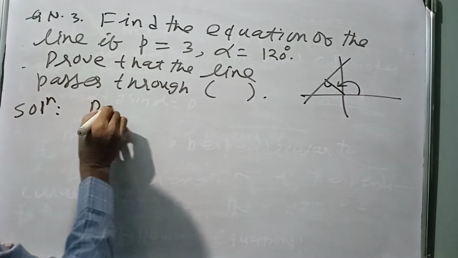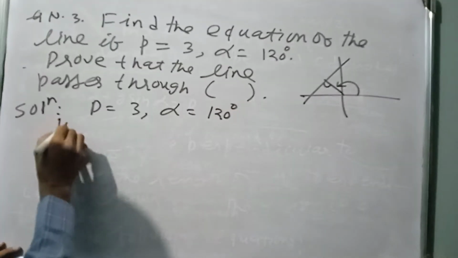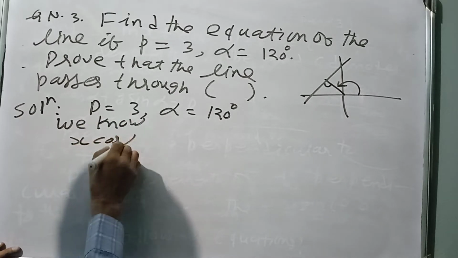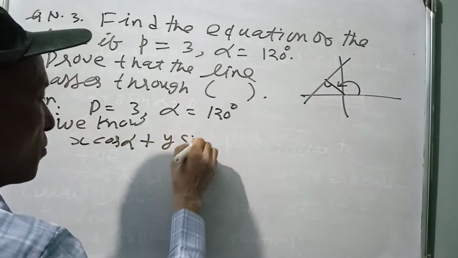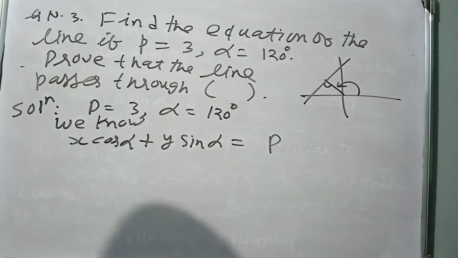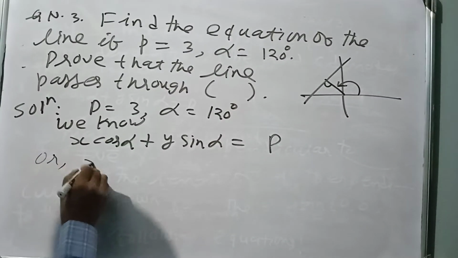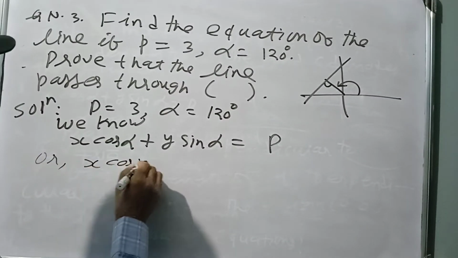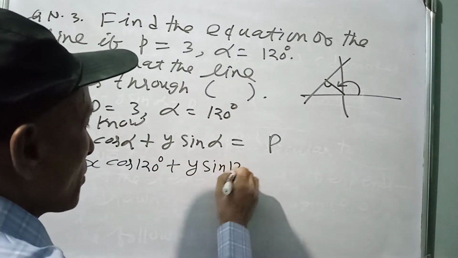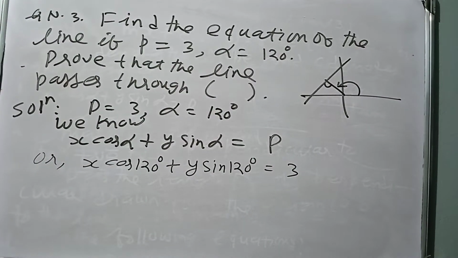See, p equal 3 units, alpha equal 120 degree. We know x cos alpha plus y sin alpha equal p. This is the perpendicular form. Or x cos 120 degree plus y sin 120 degree equal p is 3. Value of p is 3.